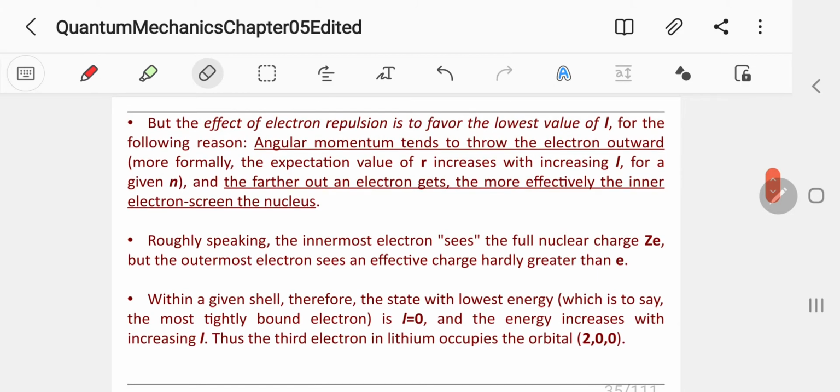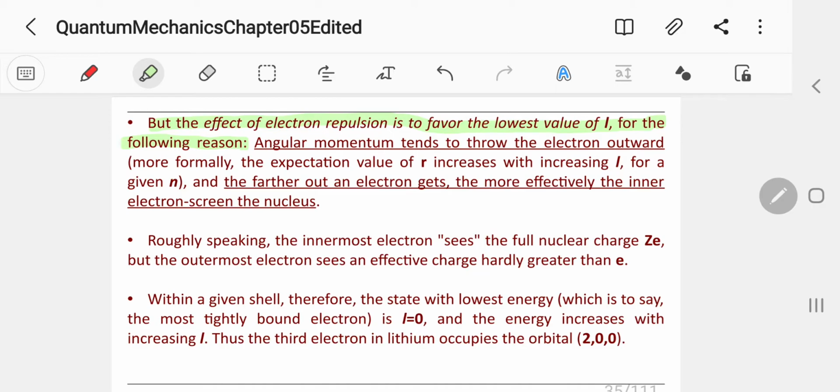However, there's an effect of the electron repulsion, and this effect favors the lowest value of l. So it favors l equals 0 for the third electron of lithium. The reason is that angular momentum tends to throw the electron outward.